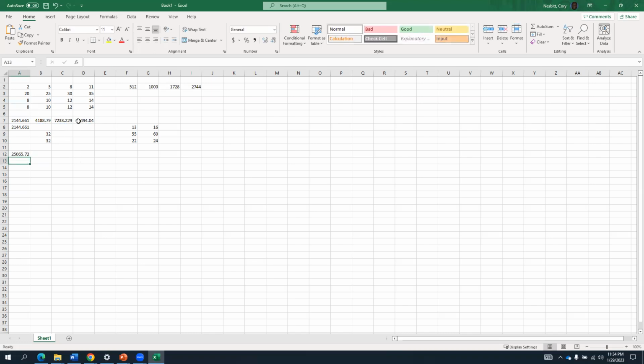And it'll sum all of these cells. So you can use sum, it does the square root, and it does so many.